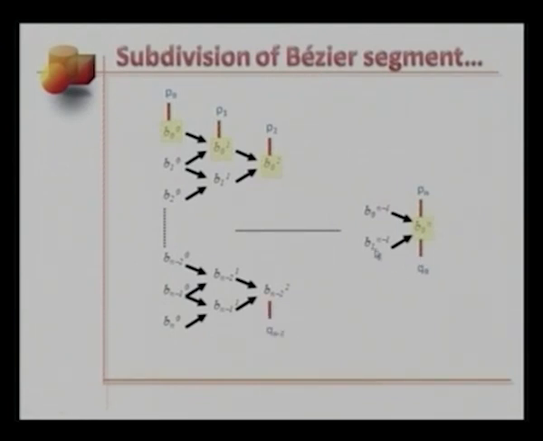This point here will be Q1, and if I keep going from right to left, this intermediate de Casteljau point b sub n minus 2 super 2, which is the last point in stage 2 linear interpolation, this would be Q sub n minus 2.